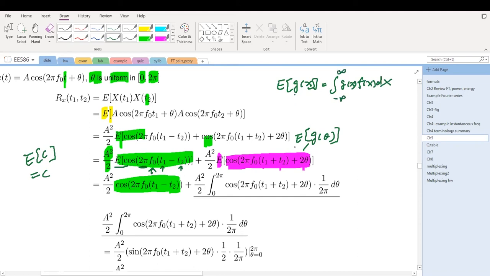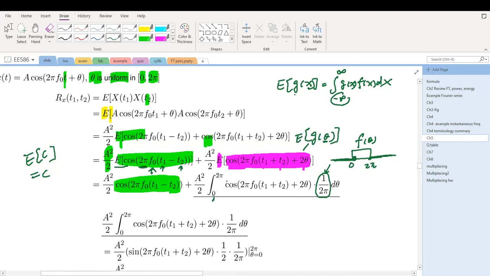This is exactly what we did when we found the mean of this random process. The PDF of theta only has non-zero values from 0 to 2 pi, where the value is 1 over 2 pi, and beyond that it is 0.